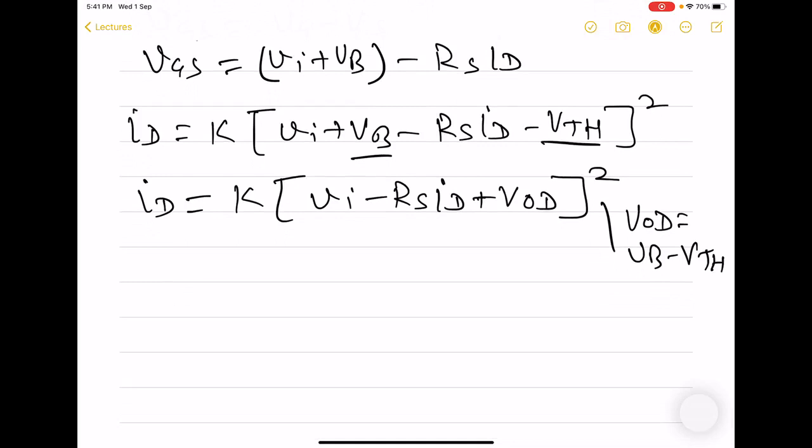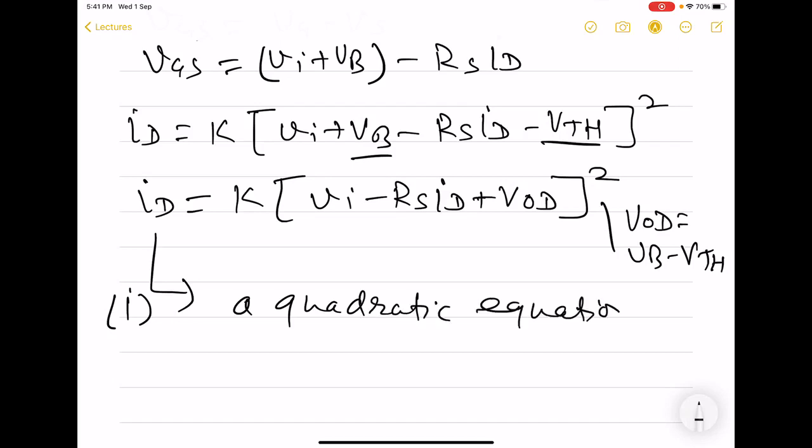So from here, there are two ways in which we can proceed to find those coefficients. First, you can see that this is going to give rise to a second order, quadratic equation in ID, and the independent variable here is going to be Vi.